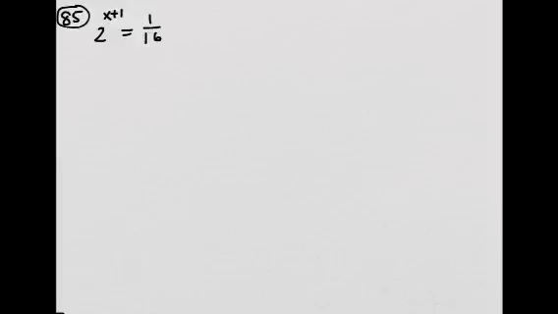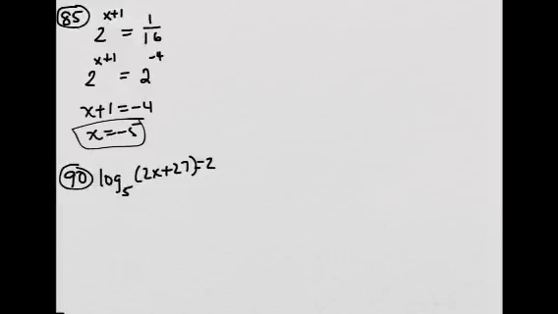So I can change it to base 2 if I made this a negative 4. So now 2 to the negative 4 is 1 over 16. Now why do that? Because if I can get the bases equal, then I could set the exponents equal to each other. So now I could just say x plus 1 is negative 4. I'm going to subtract 1, so x is negative 5.